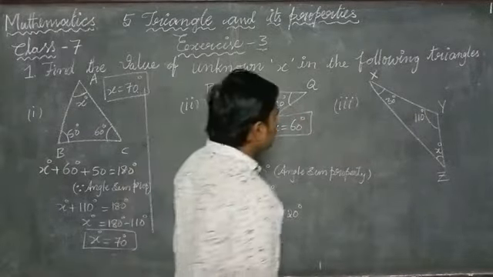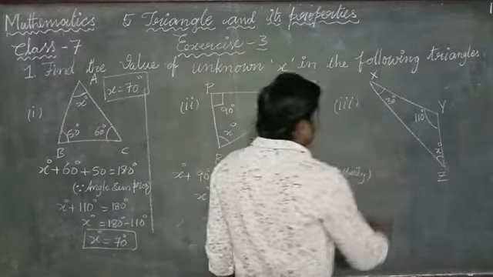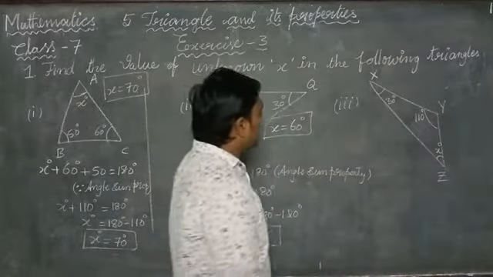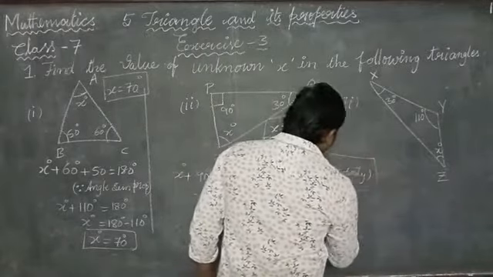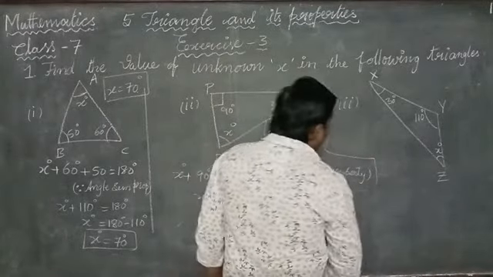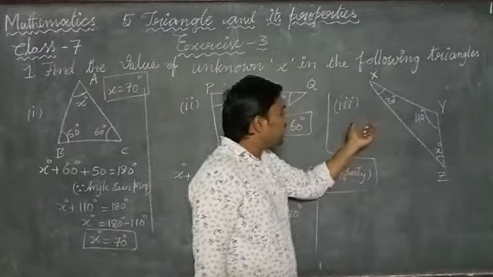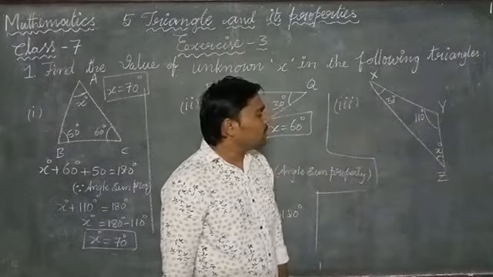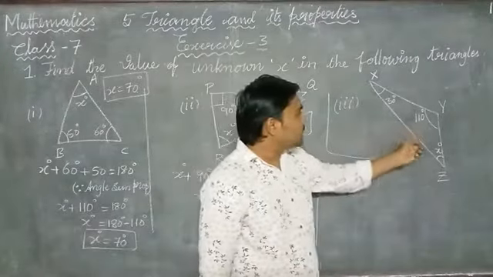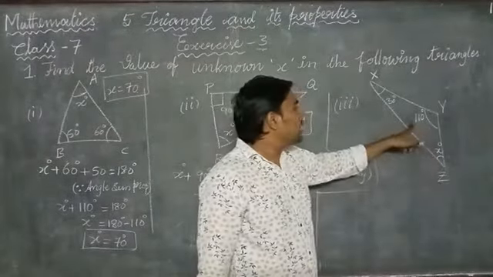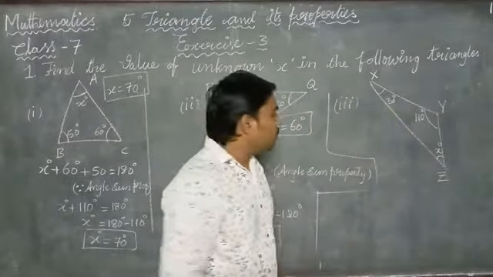Okay. Now see the third problem. Here they had given the triangle XYZ. In this triangle XYZ, from angle sum property, it can be written as x plus 110 plus 30 degrees equals 180 degrees.